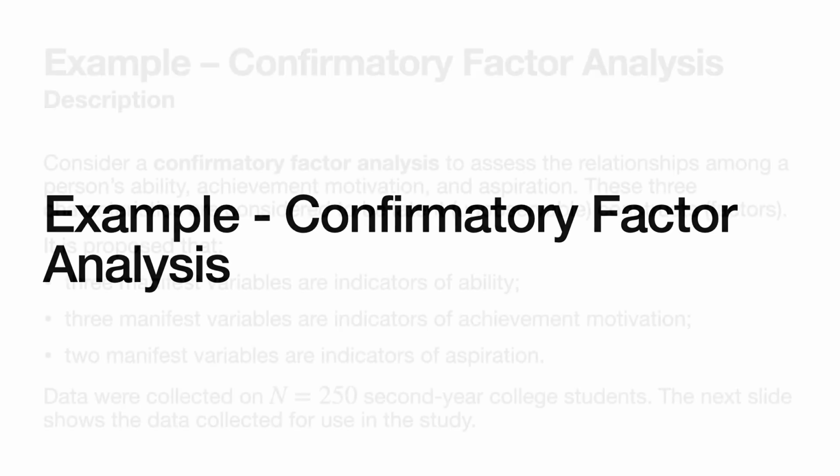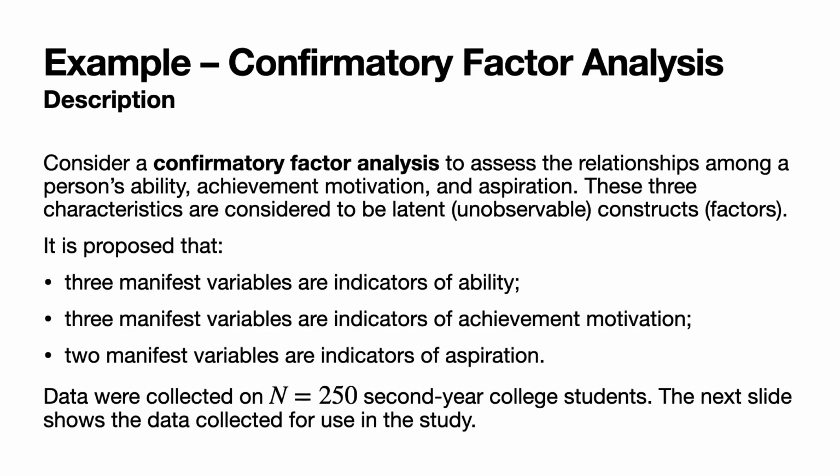So we're going to be doing this in the context of a confirmatory factor analysis. Here's a description of the example. Consider a confirmatory factor analysis to assess the relationships among a person's ability, their achievement motivation, and aspiration. These three characteristics are considered to be latent, that is, unobservable constructs or factors.